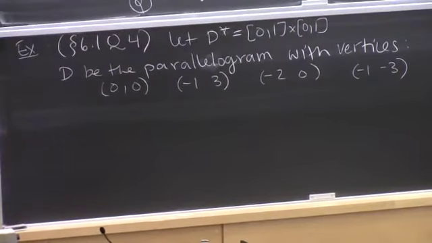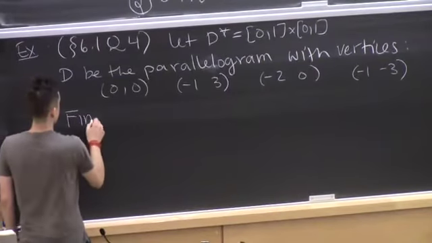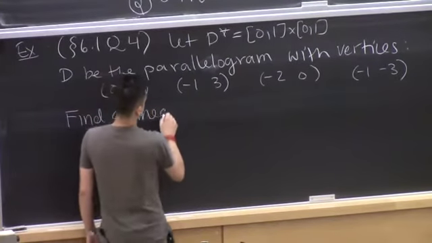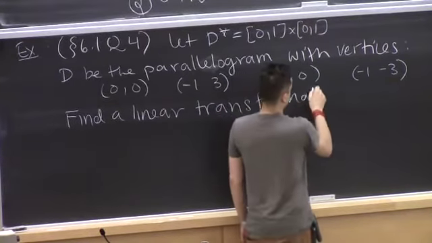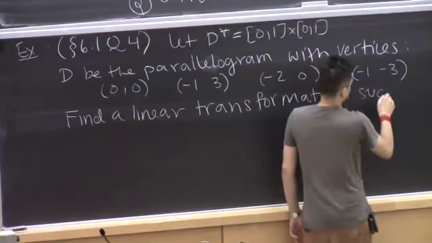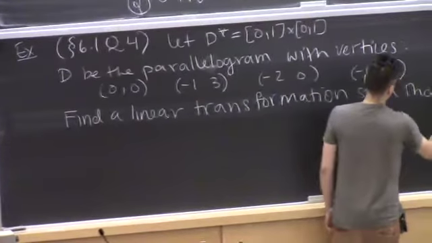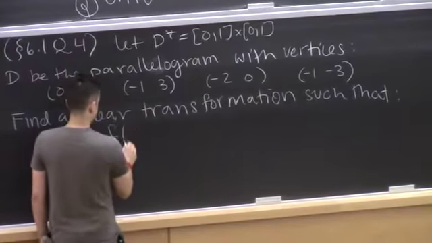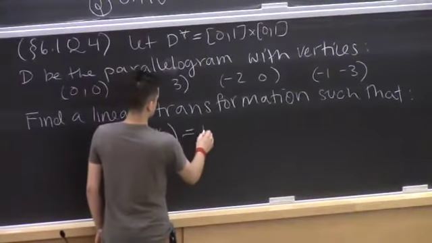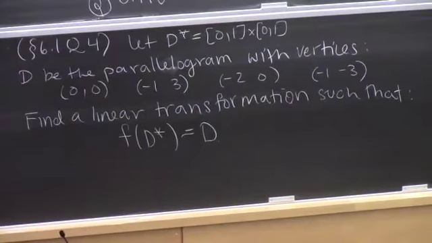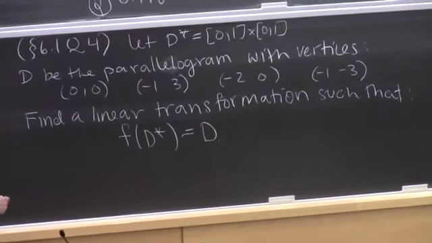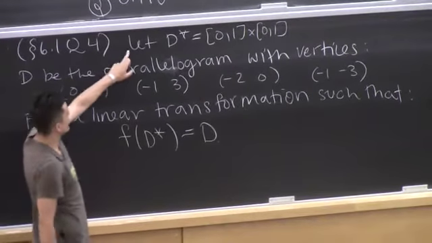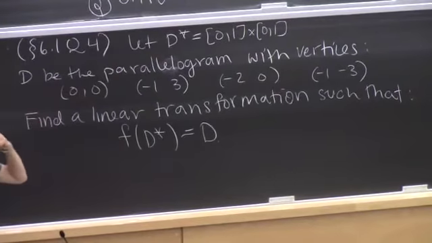So what we want to do is find a linear transformation that takes D star onto D. We've got four vertices, we've got this square, and we're trying to map the square onto the parallelogram.